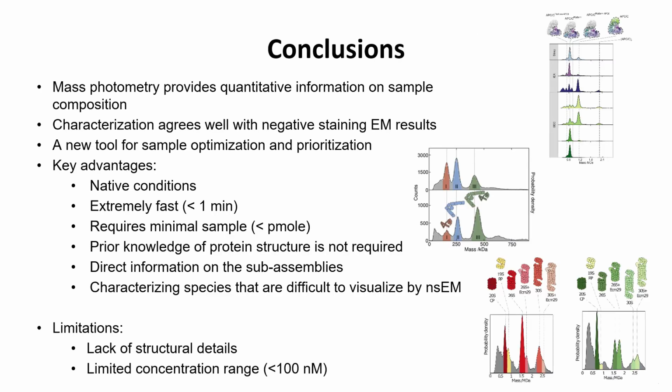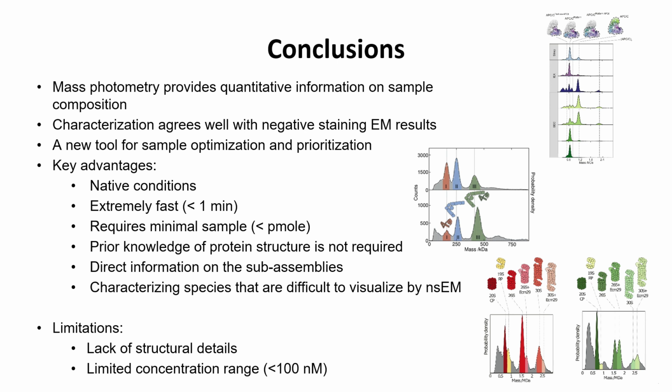So to conclude, I hope I convinced you that mass photometry is a really excellent tool to quantify your protein samples. It provides quantitative information on sample composition. Its characterization agrees well with negative staining EM results. It can help you optimize and prioritize your samples.